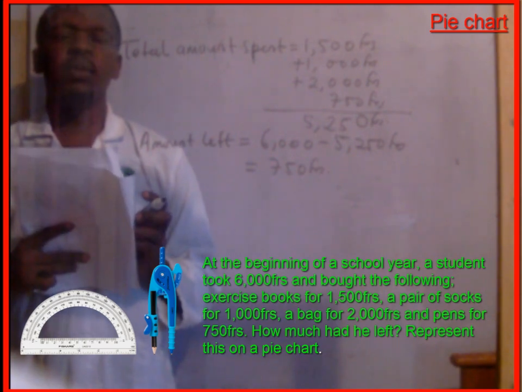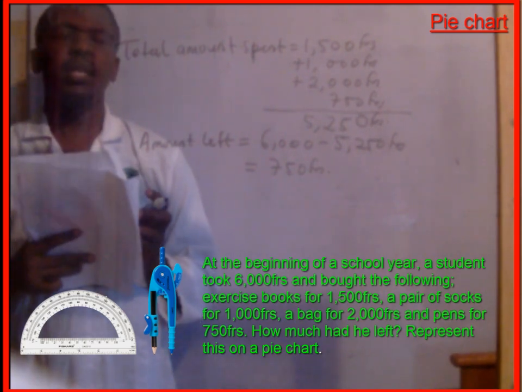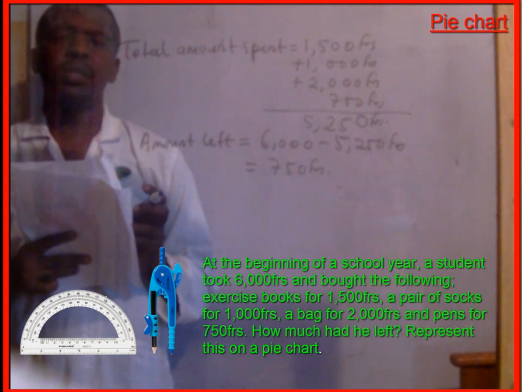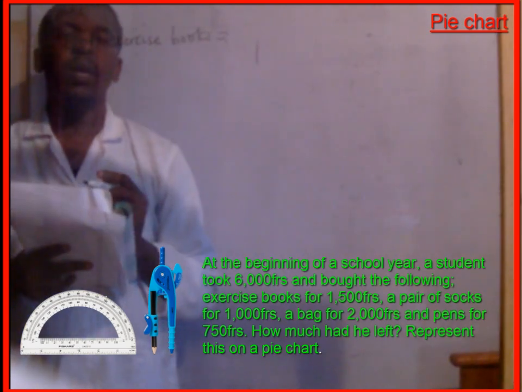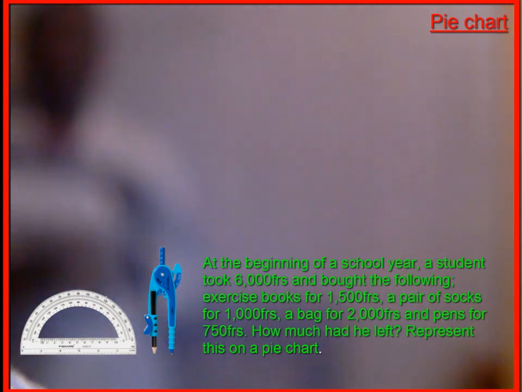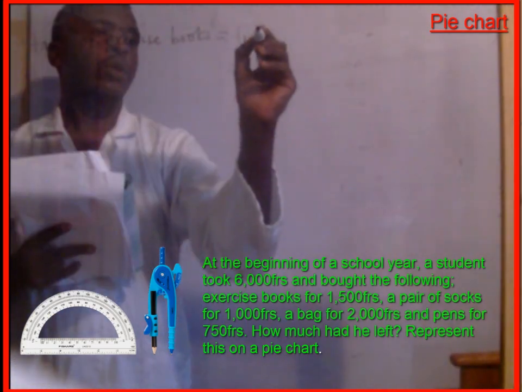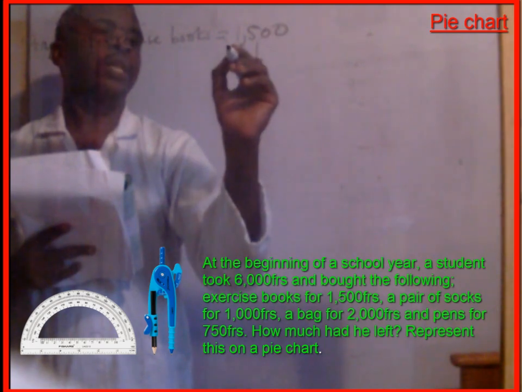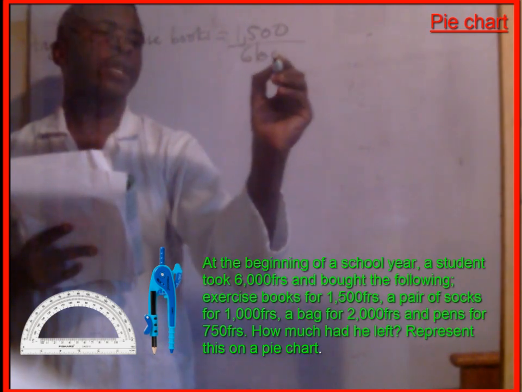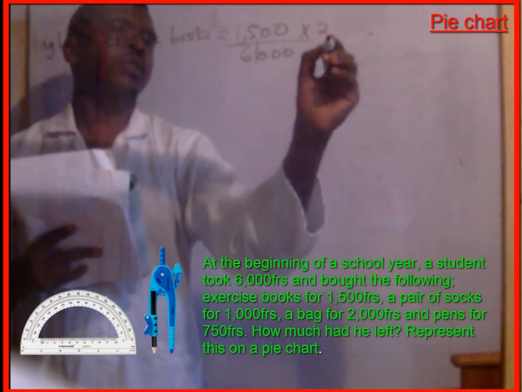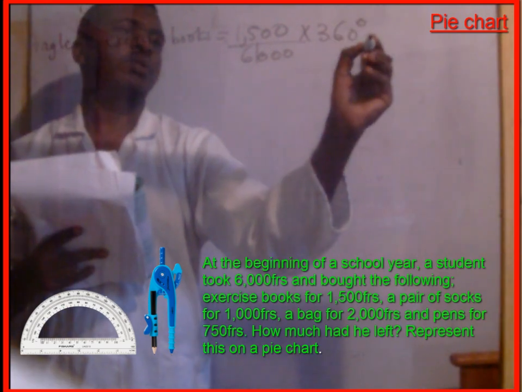The next thing is to calculate the angles subtended by the different sectors. So how do we do this? The angle of the sector occupied by the exercise books will be 1,500 divided by 6,000 times 360 degrees.